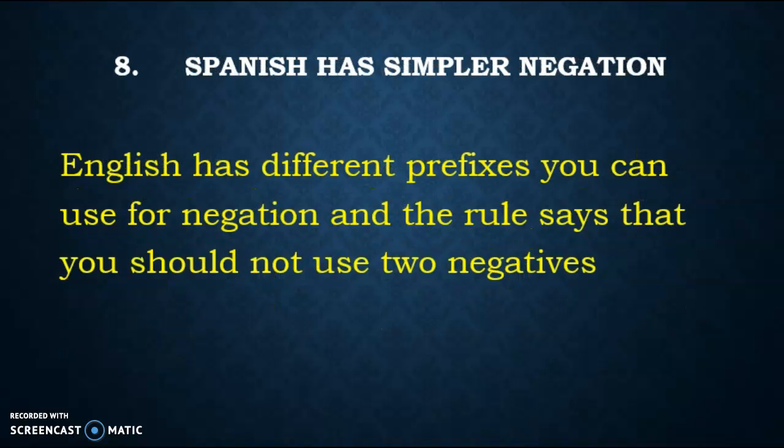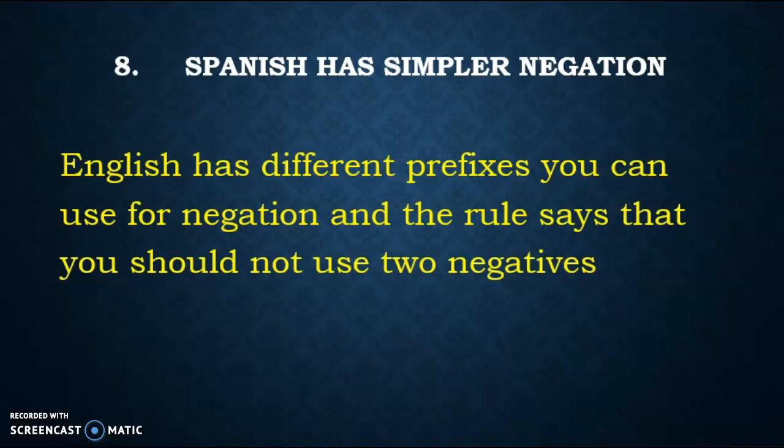The next one is Spanish has simple negation. English has different prefixes you can use for negation, and the rule says that you should not use two negatives. It should be a mix of positive and negative. In Spanish, grammar rules say that it is better to use double negative.